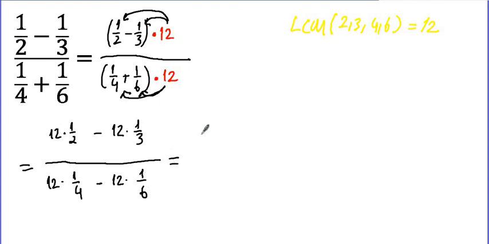So 12 times 1 over 2 is 6, minus 12 times 1 over 3 is 4, over 12 times 1 over 4, which is 12 over 4, 3.